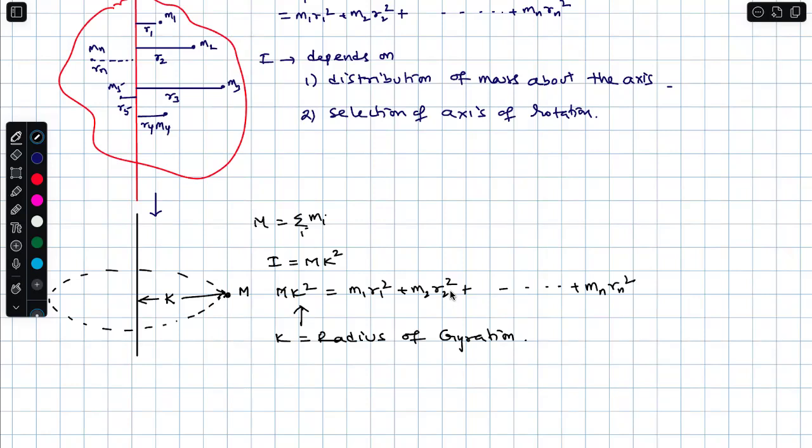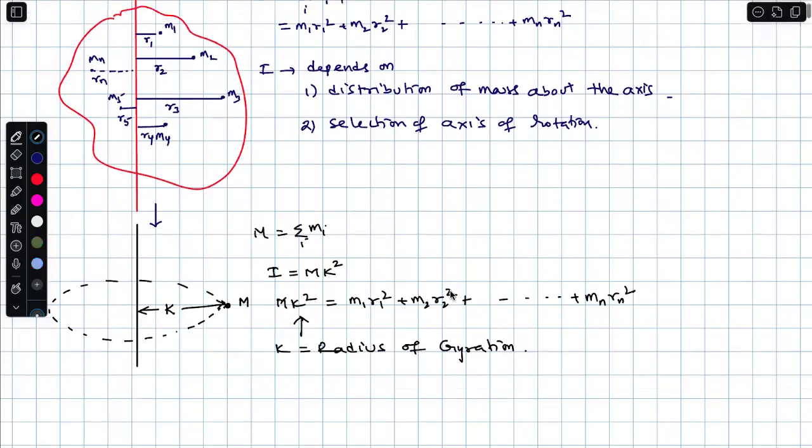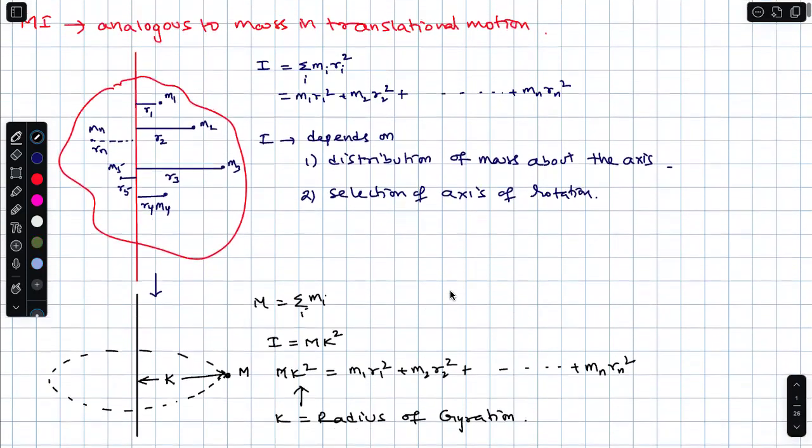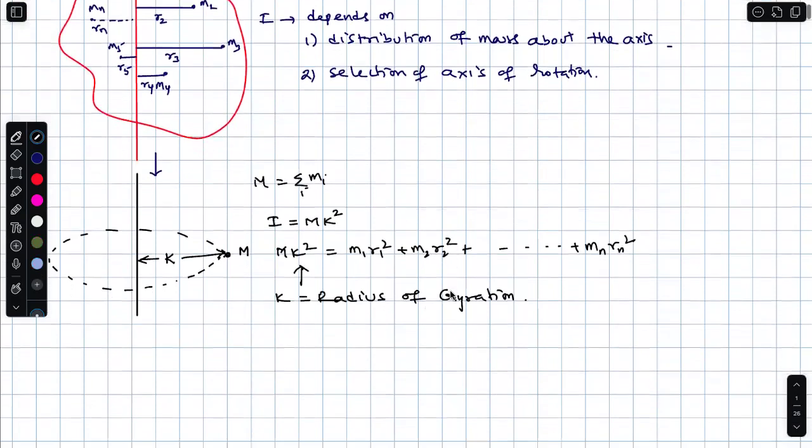It is because of the moment of inertia of this system. In translational motion, I said the mass of the body is a measure of inertia, whereas in rotational motion, in what way do I define moment of inertia? So I need to follow some methodology. That methodology is this. So this is the introduction to moment of inertia.